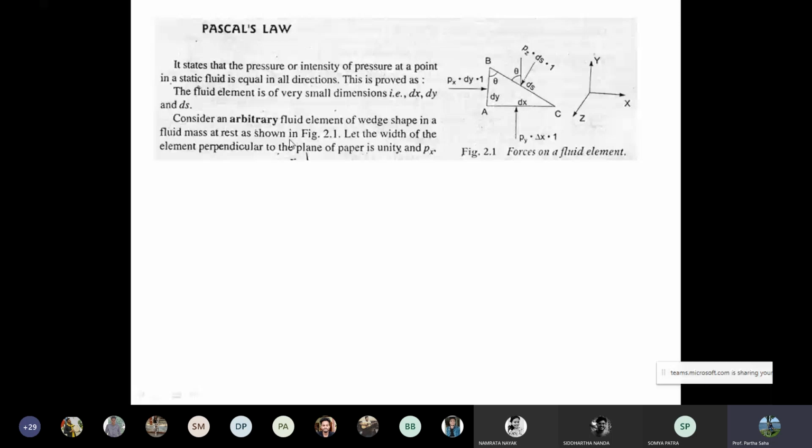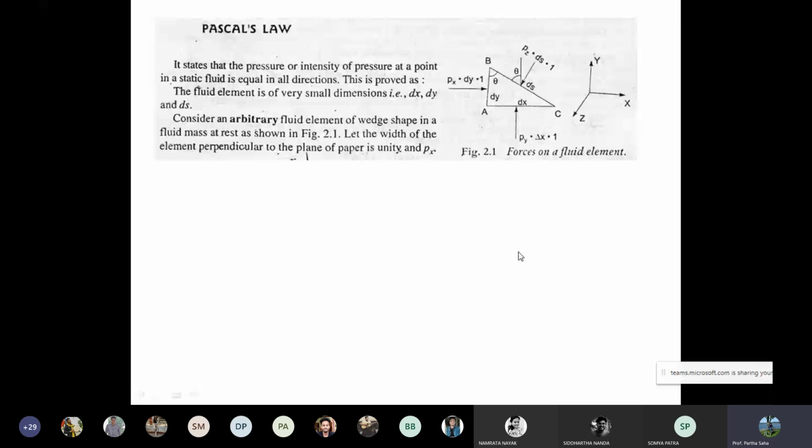Let the width of the element perpendicular to the plane of paper be unity, and px, py, and ps are the pressure intensities. You can see px is applying on this surface, py is applying on this surface, and pz is applying perpendicular to the surface, right? So these are the three pressures being applied, acting on the faces AB, AC, and BC respectively.